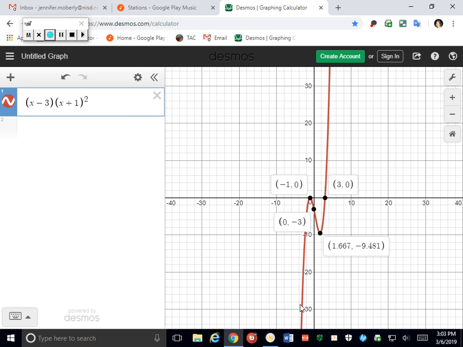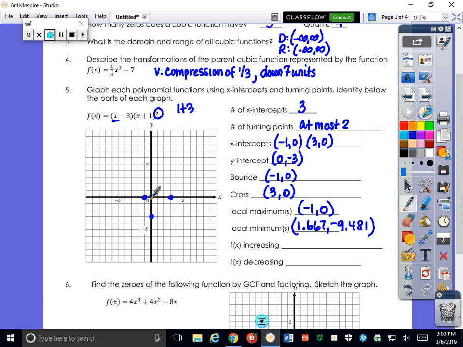So when you're graphing, your graph is going to look like this. And when it asks for the increasing part, the increasing is here and here. So we're going to use that turning point or that minimum to help us write the increasing.